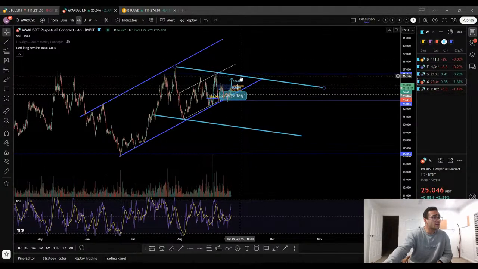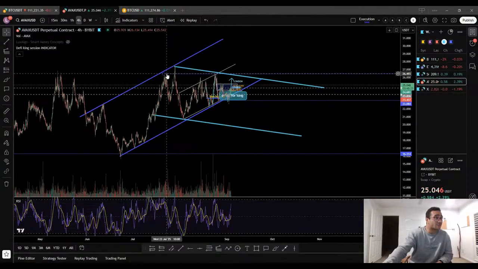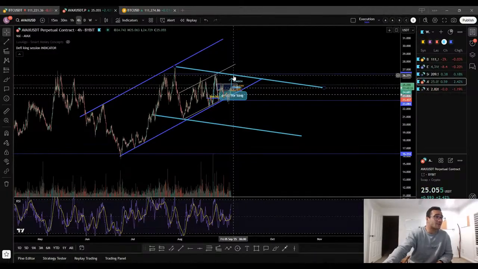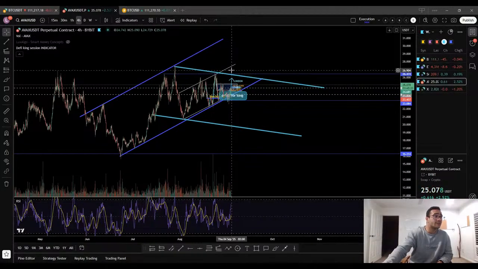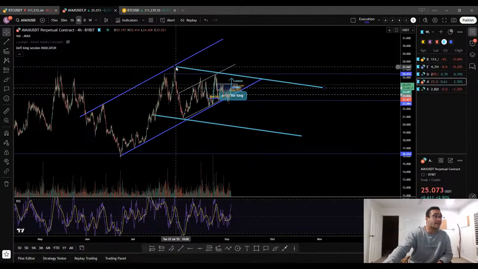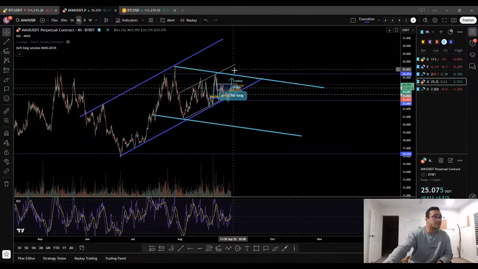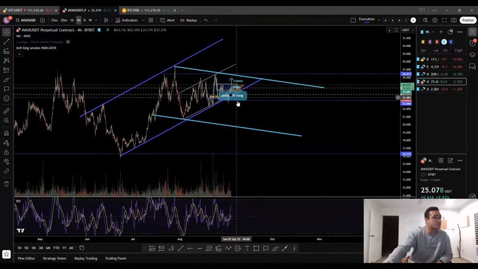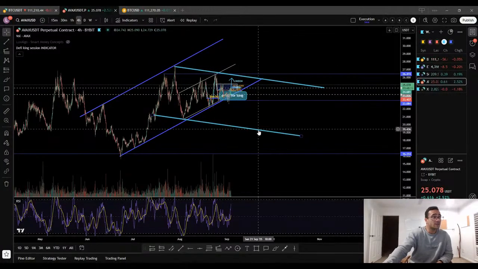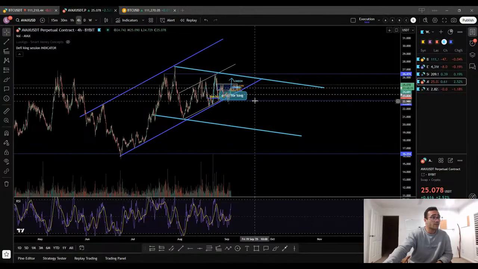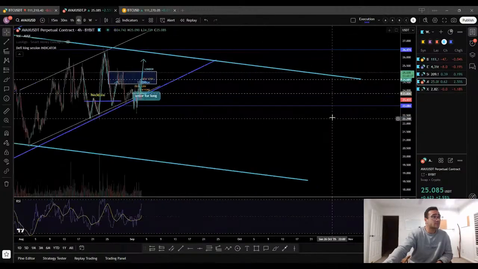So if we do hit this top and do not break out of it, as you can see, I've got this line here. If we break above it, I'm expecting a bit of liquidity just to wipe out this high here. But if it stays under and doesn't break above it, we're going to see a lot more downside. So yeah, look, that's kind of what I'm looking at.